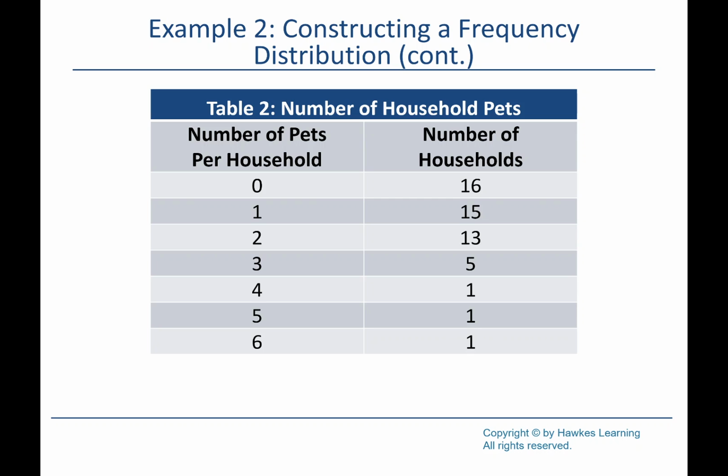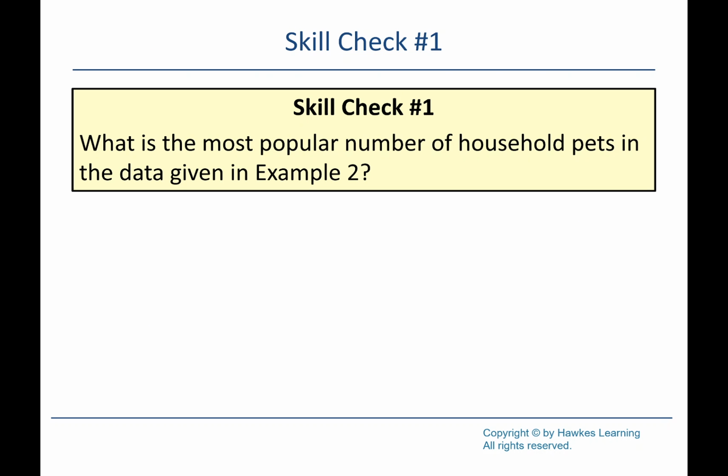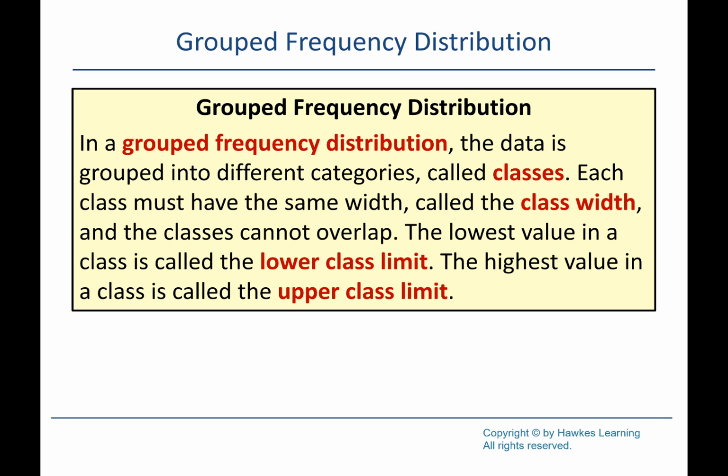Most of the time, we don't see just a regular frequency distribution like this. More commonly, we'll see what's called a grouped frequency distribution. Instead of having a different row for every possible data value you can get, it will put them into groups.